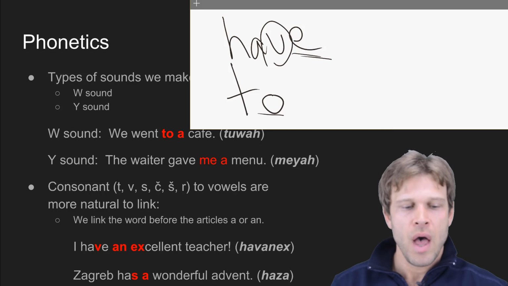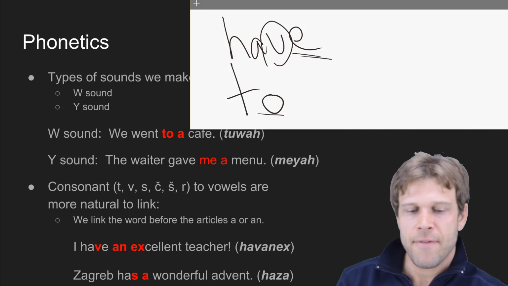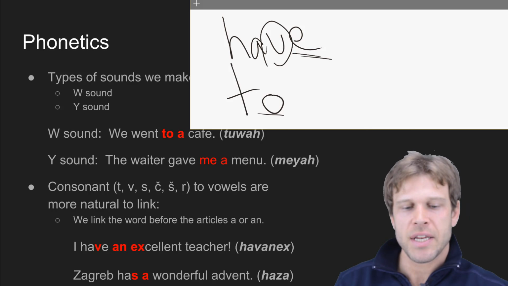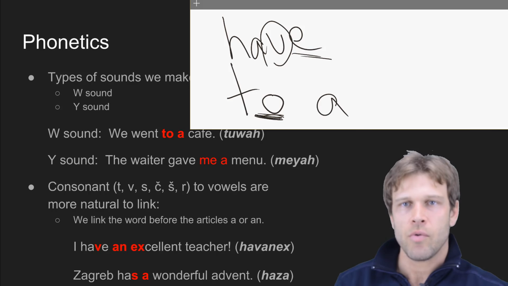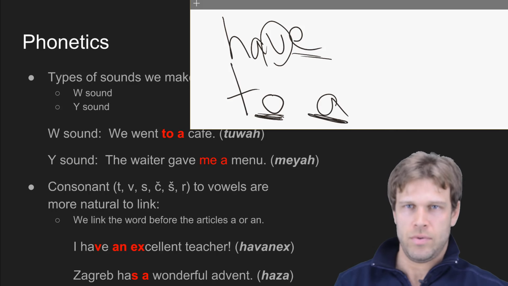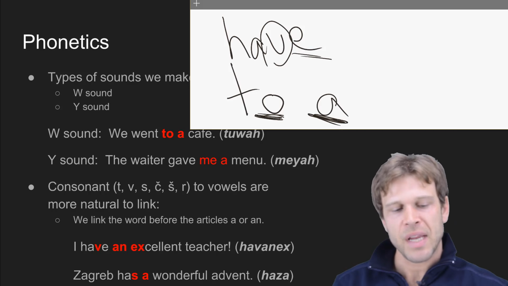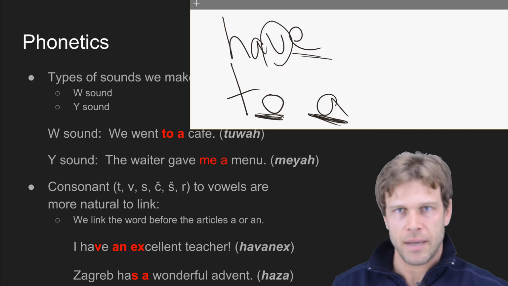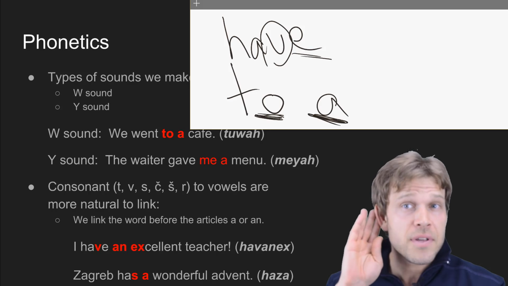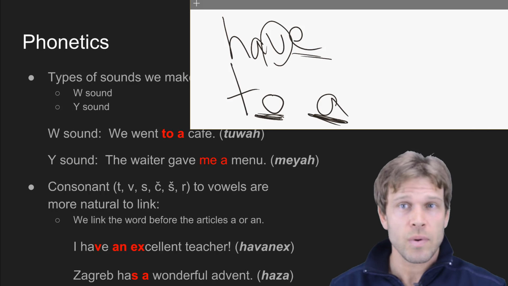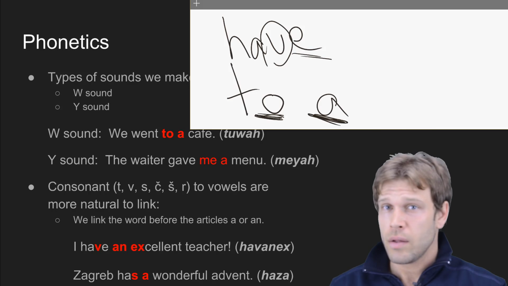For example, we went to a cafe, all right? What I mean by a vowel to a vowel is a word ending with a vowel sound and the next word beginning with a vowel sound, okay? So, in this case, we went to a cafe. Now, did you hear the A in that sentence? We went to a cafe? Well, maybe, maybe not.